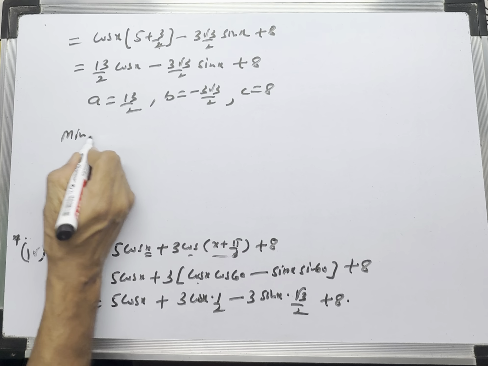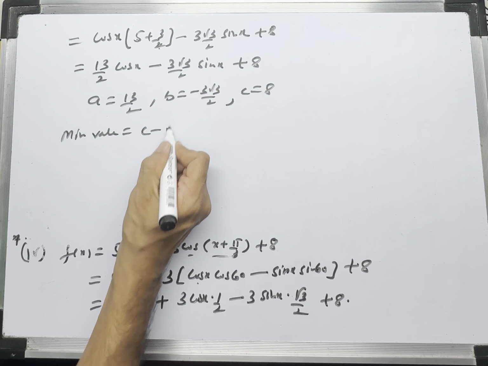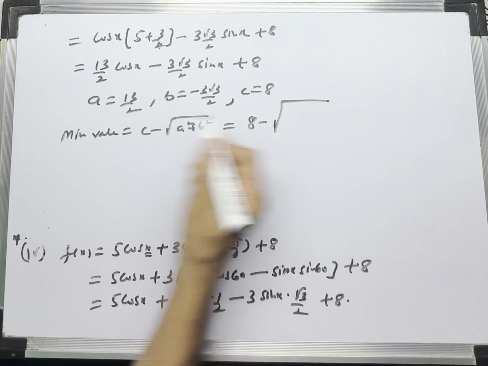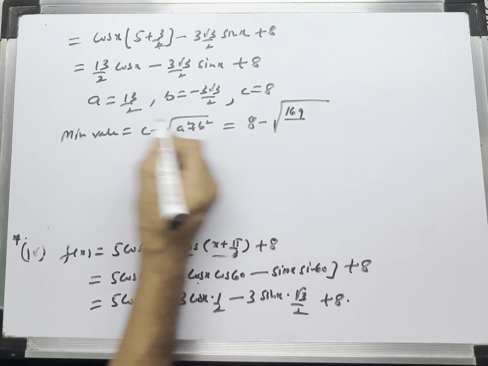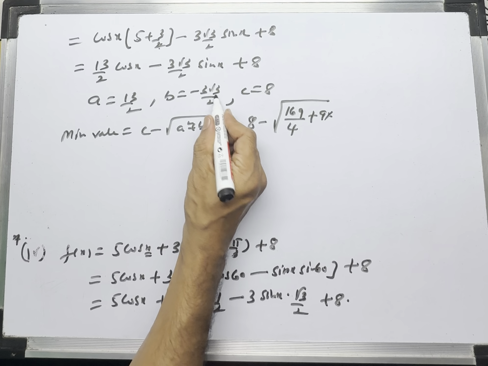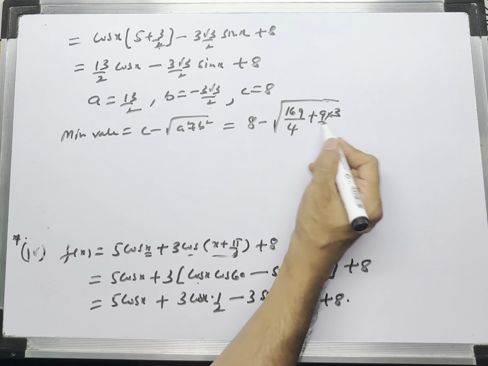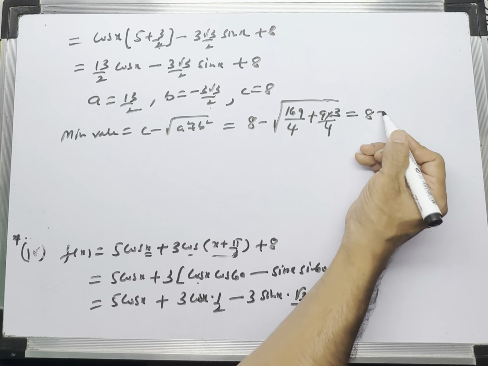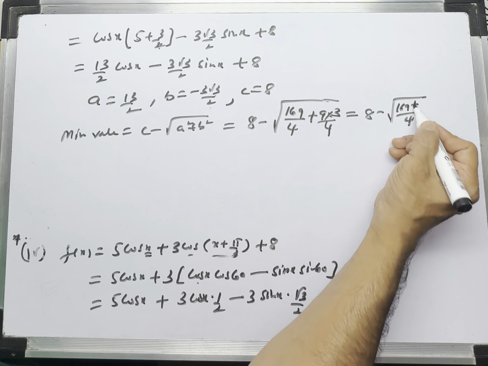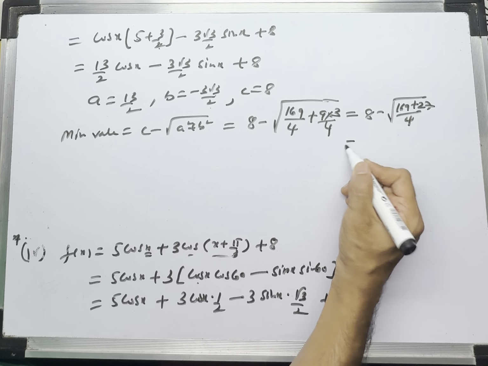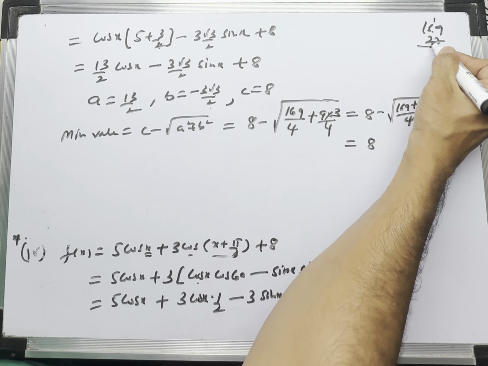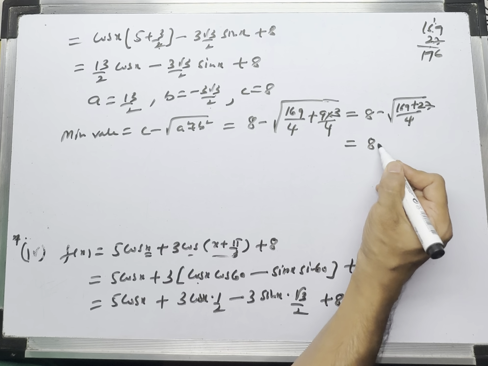So minimum value will be c minus root over a square plus b square. A square means 13 square 169 over 2 square 4, plus minus 3 square is 9 times root 3 square is 3, over 2 square is 4. So we have 8 minus square root of, LCM 4, 169 plus 27. 169 plus 27 is how much? 196.